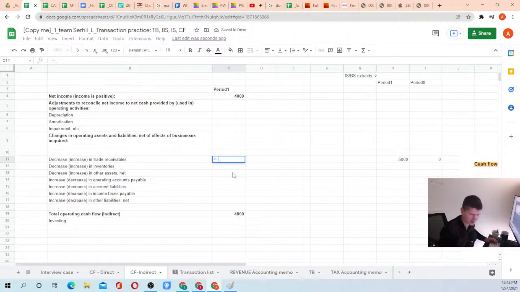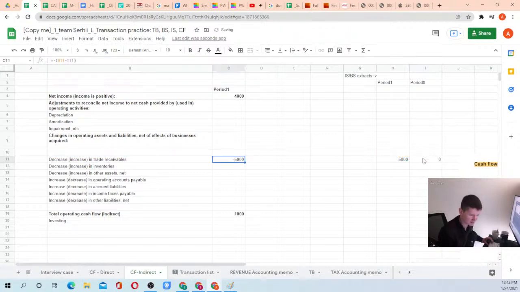So in our case that should be negative, it should be negative change. It should be negative change during the period. Equal minus, okay, that minus that.